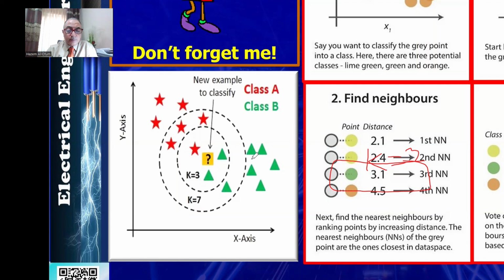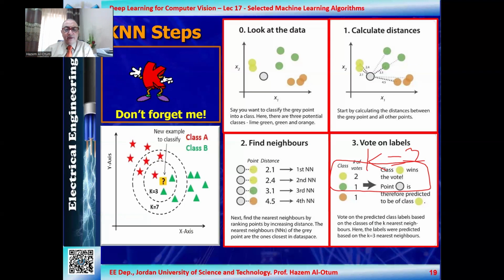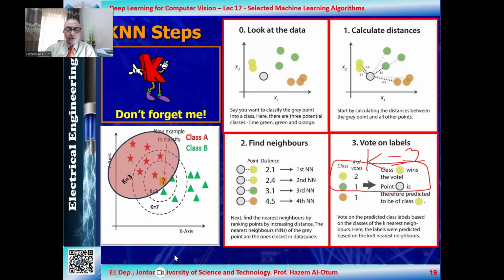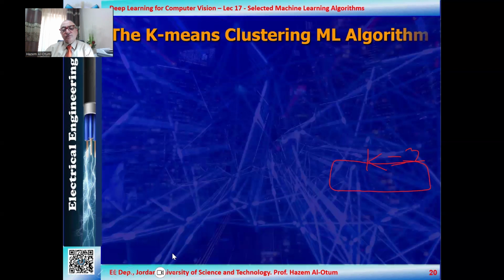After finishing our work, we can do the process by selecting a proper k value. So this is k equals 3, this is k equals 7.